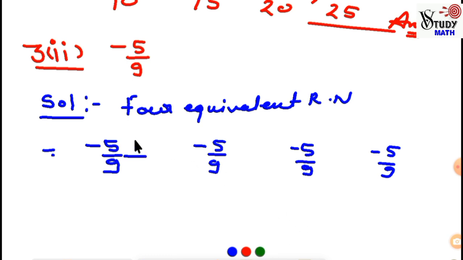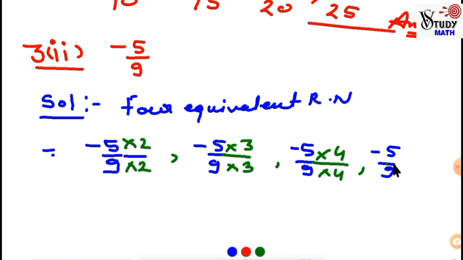Now what do we do? We multiply the first number by 2 in numerator and denominator. The second number we multiply by 3 and 3, the third number by 4 and 4, and the fourth number by 5 and 5.